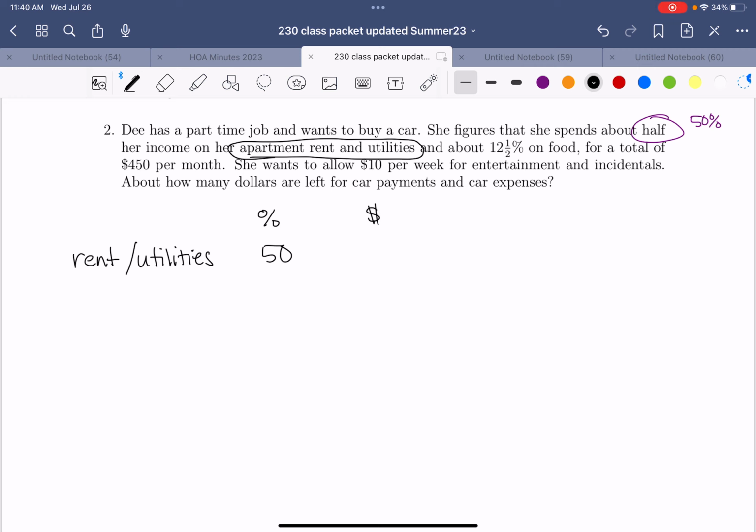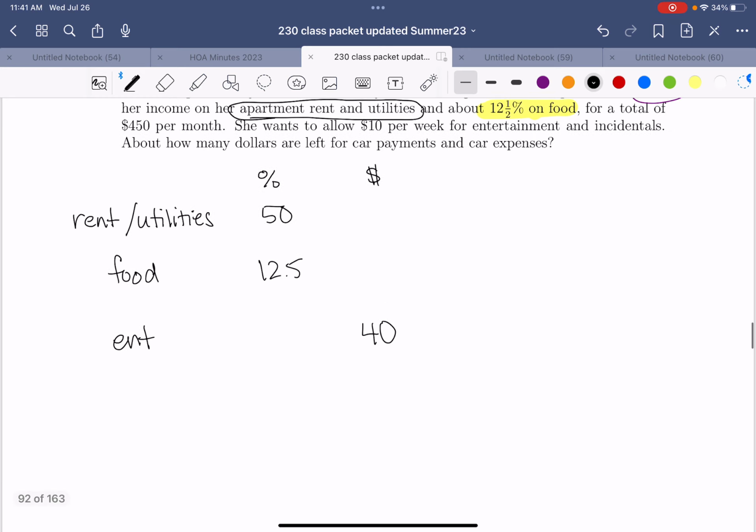Food is 12.5%. She wants to allow $10 per week for entertainment and incidentals, so I'm just going to go entertainment. We can assume that there are 4 weeks in a month. We're not going to make this super complicated. So that's $10 per week, and 4 weeks in a month would be $40. And then what's left?